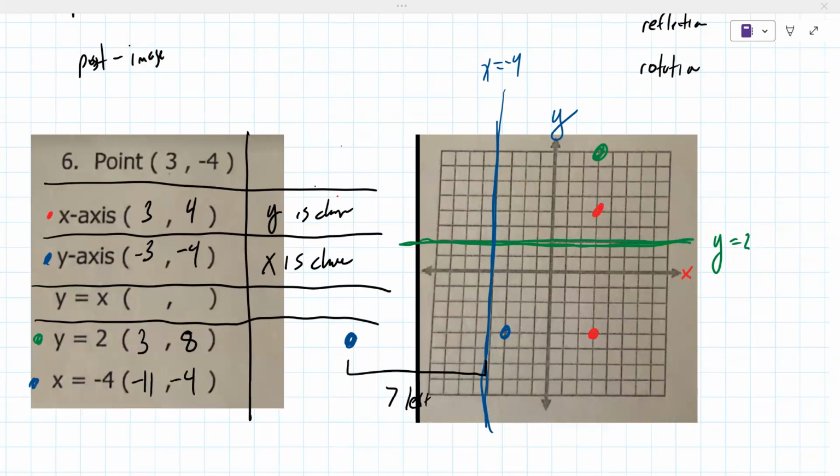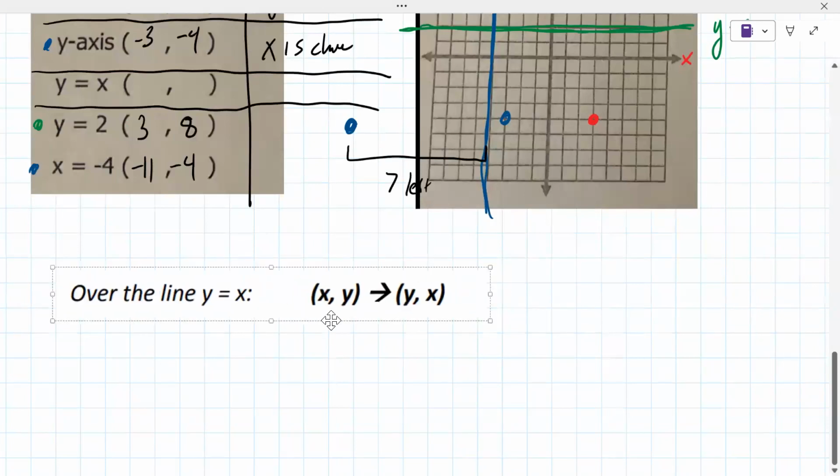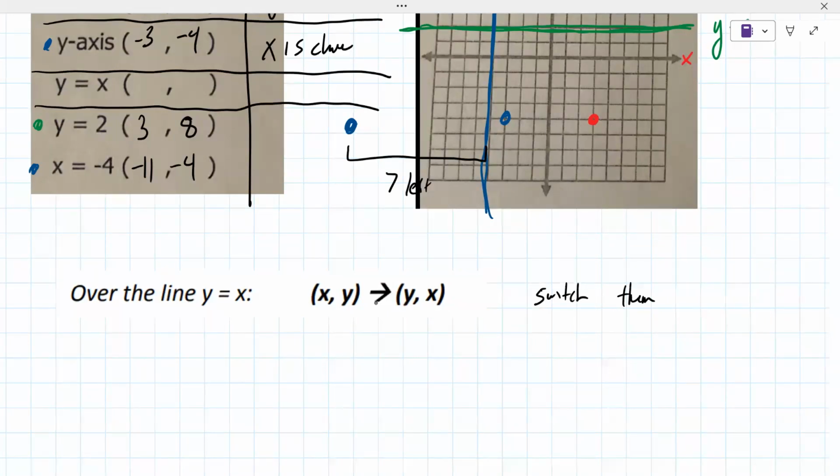So when it's over y equals x, this is the first rule. Your original ordered pair, xy goes to yx, which means you switch them. This one's a lot harder to do by just looking at the graph, which is why you need this reference.